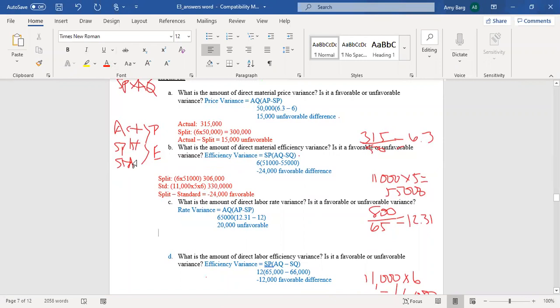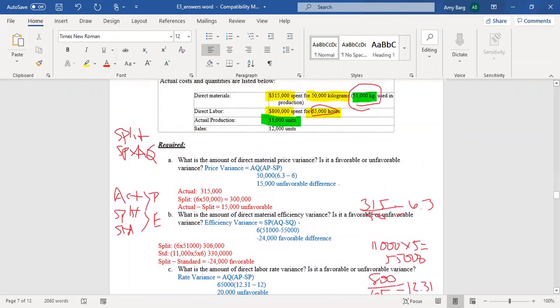So we can find for the labor rate variance, we know that the actual is 800,000 because that's what it told us, right? Actual direct labor rate up here of 800,000.